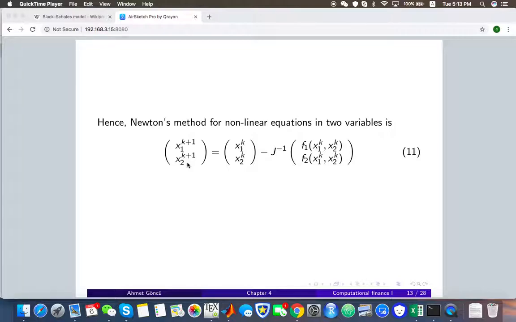If we apply this recursively, where this is our vector x and this part is h, every time I calculate h and add it to the previous x values, I get closer to the root of this system.